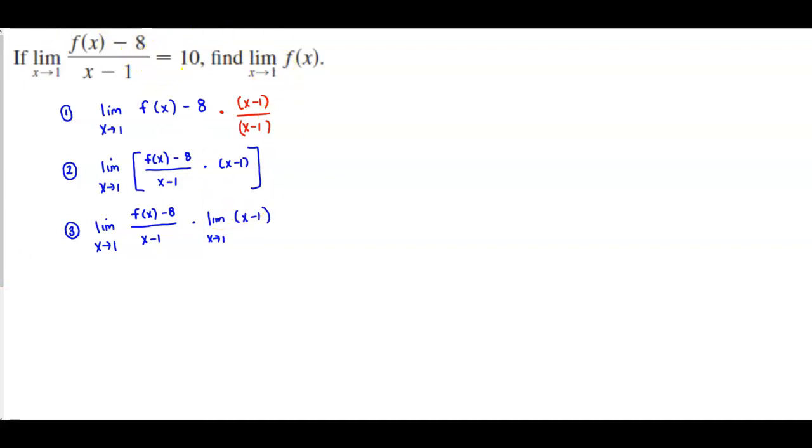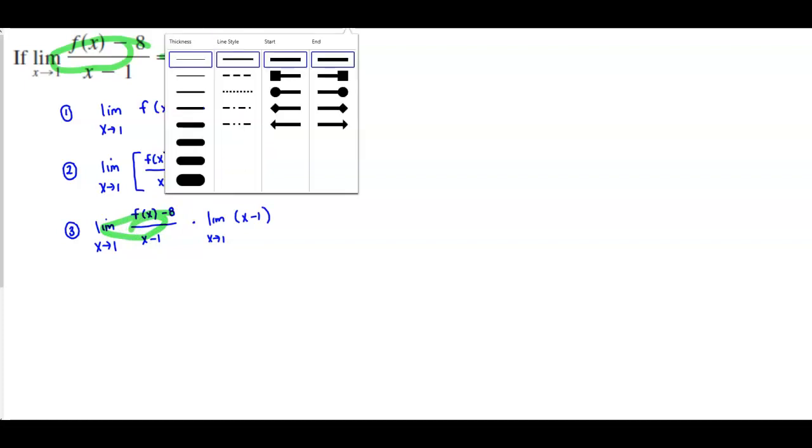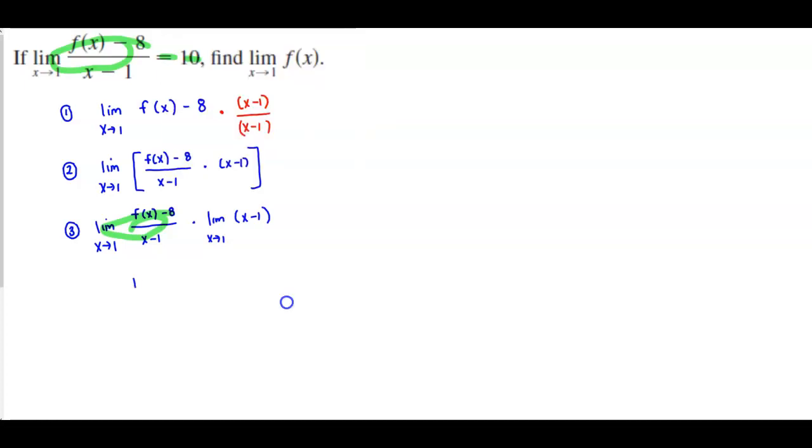So if we take a look up here, we know that this entire limit is equal to 10. So we can replace this entire thing with 10. So we know this is equal to 10 times, well, if we put 1 in for x, 1 minus 1 is going to give us 0. So therefore, this answer is going to give us 0.